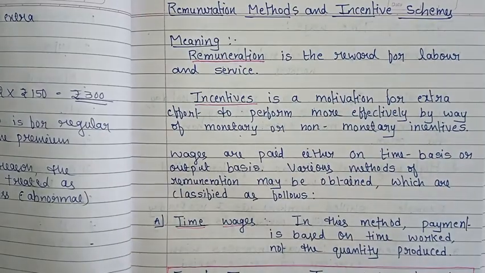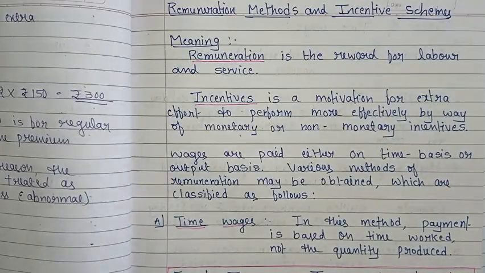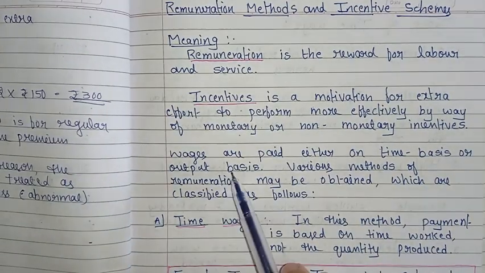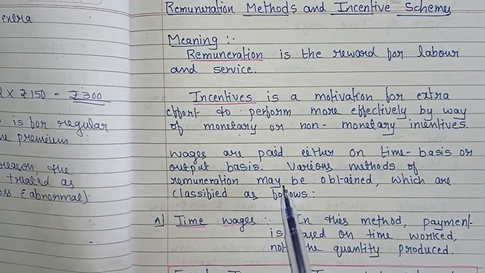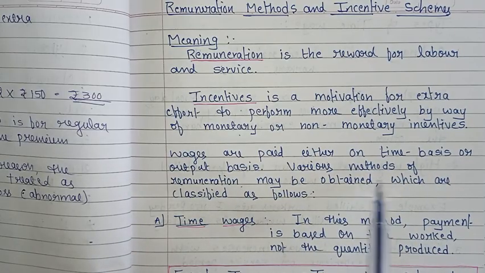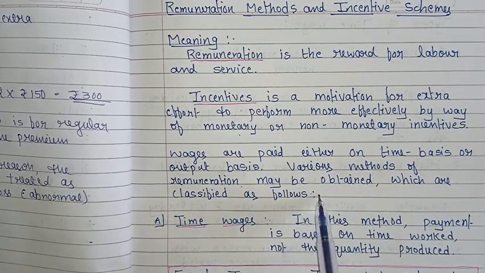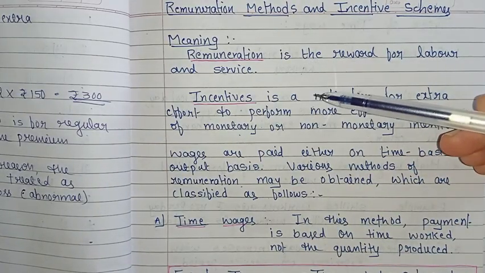See here, wages are paid either on time basis or output basis. So various methods of remuneration may be obtained, which are classified as follows. Remuneration and incentives meanings are clear, right?